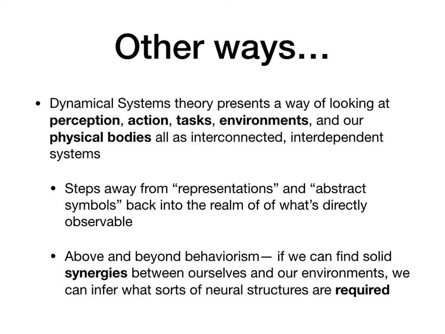What are the neural patterns that represent a symbol, right? And back into just what can we observe? What kinds of relationships between all of these things, our perceptual processes, the tasks that we do, the actions we take in those tasks in the environment, and our bodies as the intermediary. How do we connect all of those with observable things and a whole lot of math?